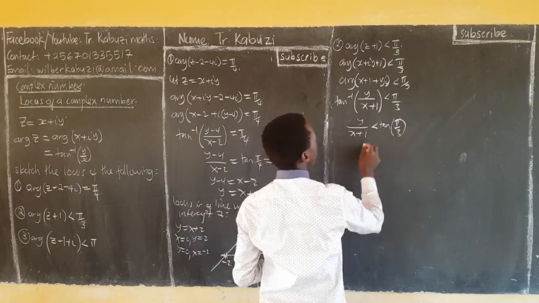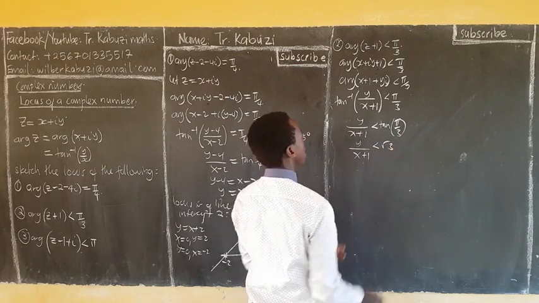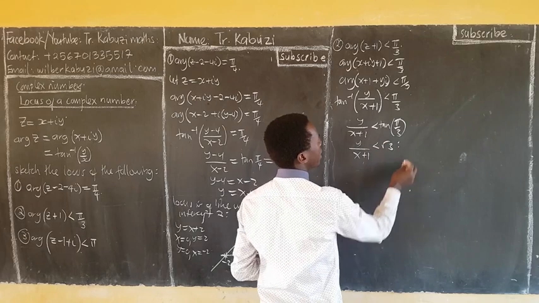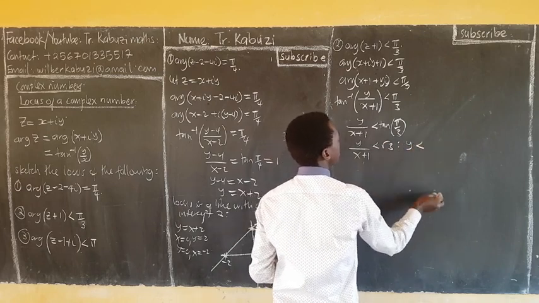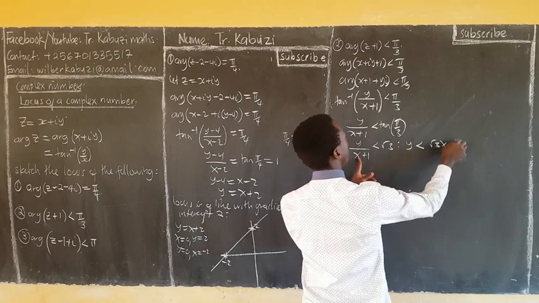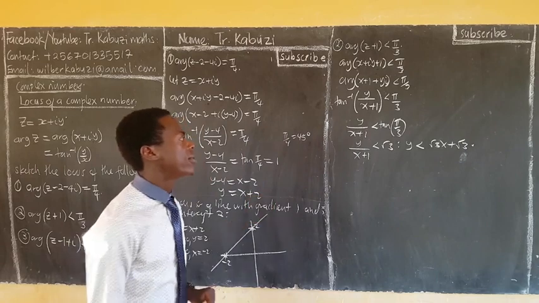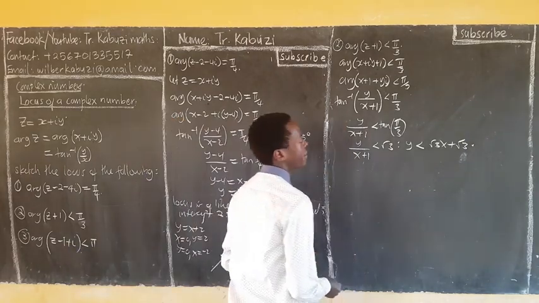And so tan 5 pi over 3 is negative root 3, so y over (x plus 1) is less than negative root 3. Cross multiplying, what we have is y less than negative root 3 times (x plus 1). When I multiply this out, I get negative root 3 x, then minus root 3. So now we need to get the intercepts.